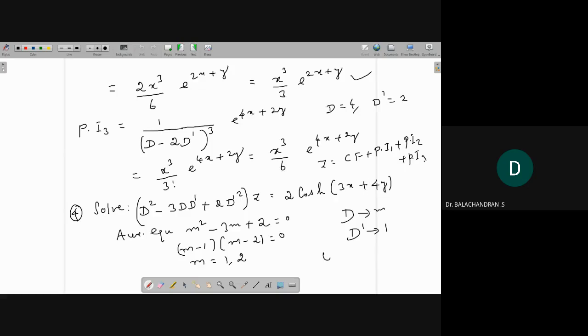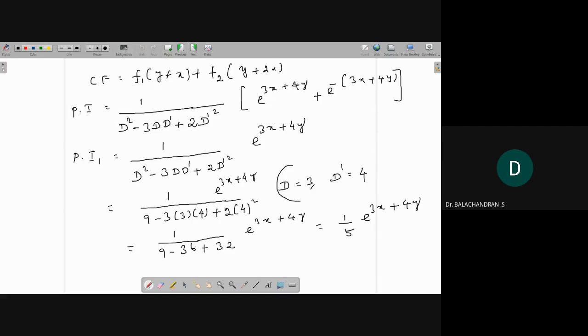You know that cos hx is equal to e power x plus e power minus x divided by 2. So 2 times cos hx is e power x plus e power minus x.